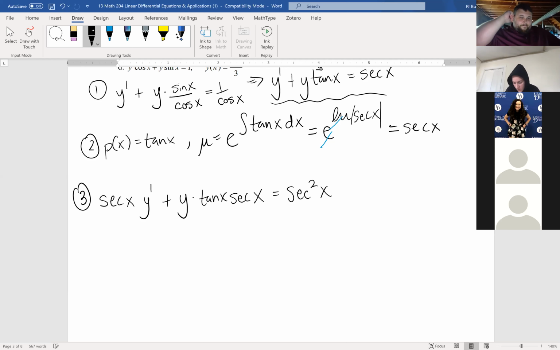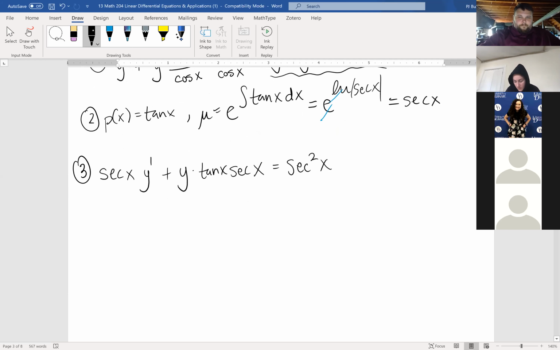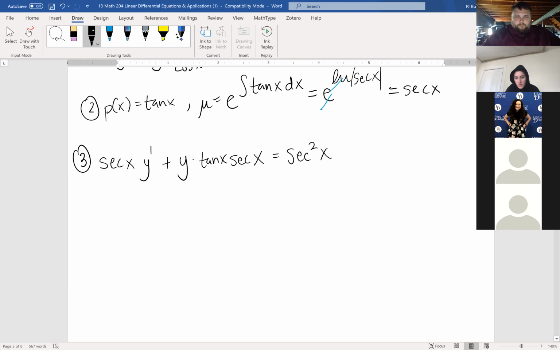Which looks like that. And then I claimed to you that the left-hand side should always collapse down to the derivative of y times the integrating factor.